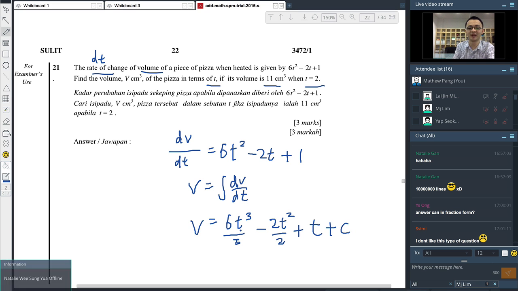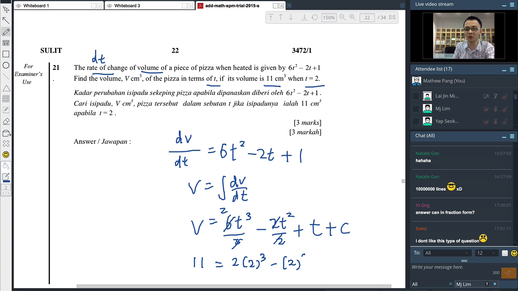This is my v. This is the reason why he gives you this information, to help you find c. So I will use v equals 11, and I can simplify this: this is 2, this is 1. So 11 equals 2 times 2 cubed minus 2 squared plus 2 plus c.